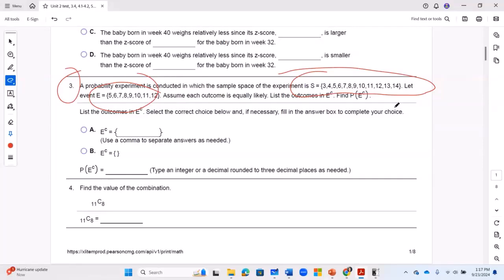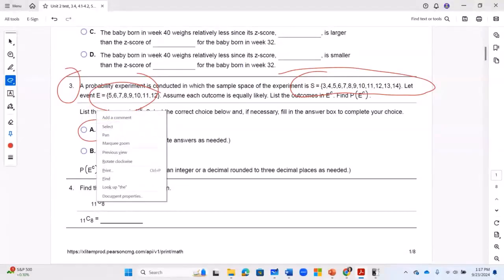Selecting any of them is equally likely. Now the question says find E complement. Very easy. It means find everything that is in the universal set but not in E.